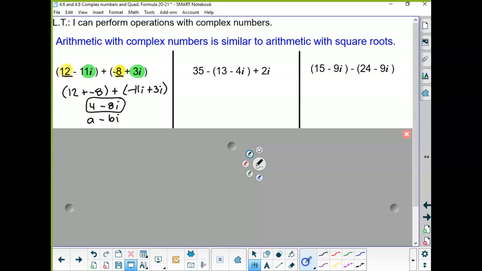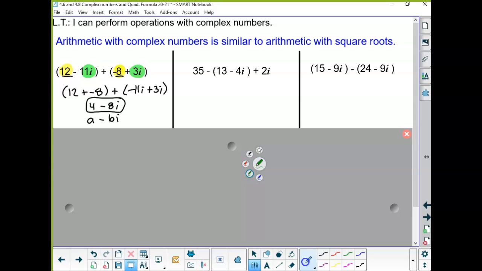So let's go ahead and write this middle one, just so you have an example in your notes. The trick with this one is it looks a little bit different than what we have, but we have real parts and imaginary parts being added together. But there's one trick that is often overlooked. And it's usually the biggest mistake students make in math all around.